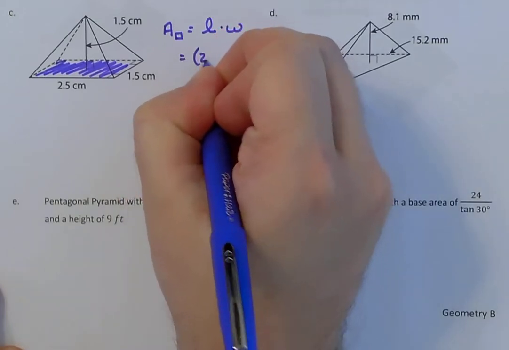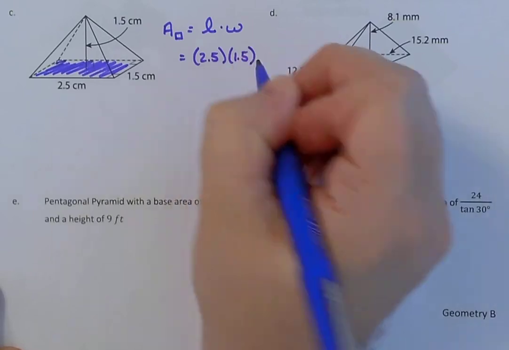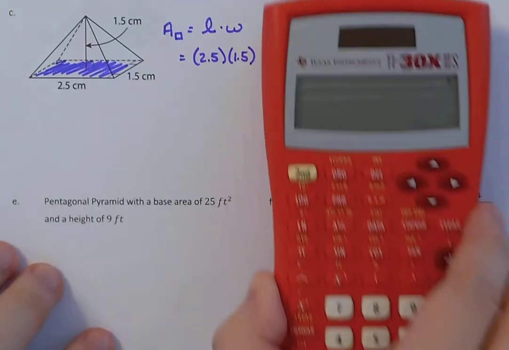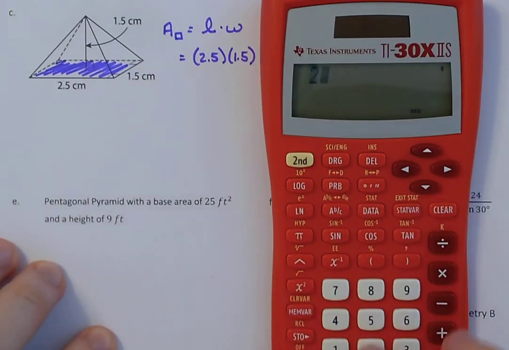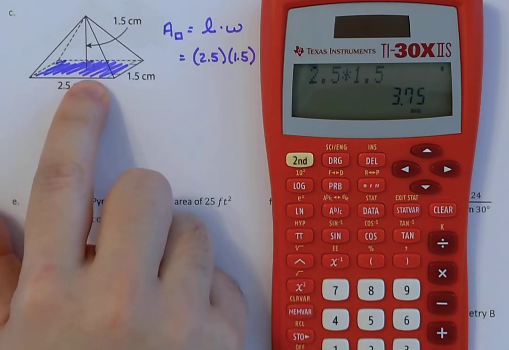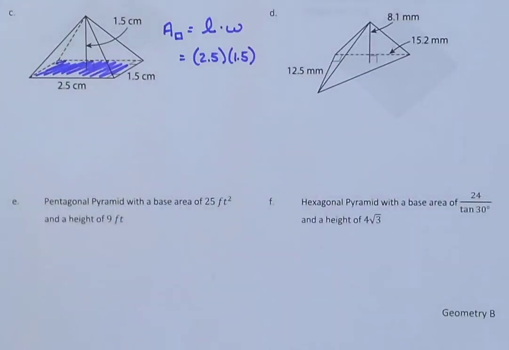So it's going to be 2.5 times 1.5. So, using our calculator, if we do 2.5 times 1.5, we end up with 3.75. So the area of this purple base, this rectangular base, is 3.75 centimeters squared.